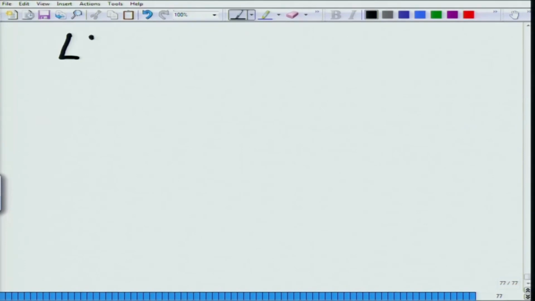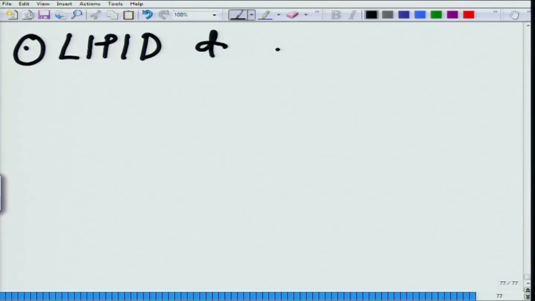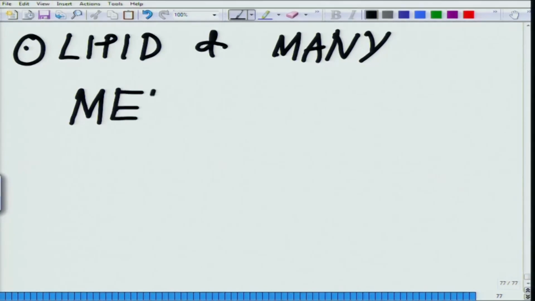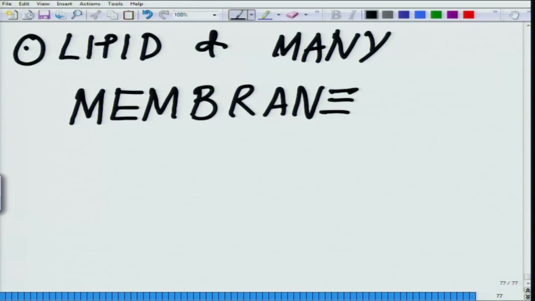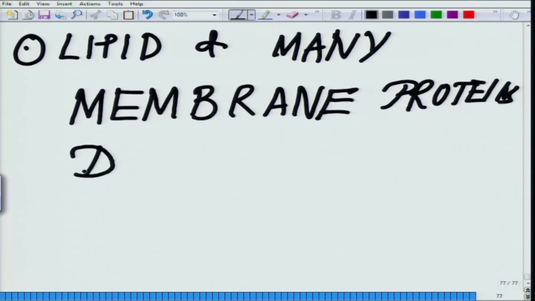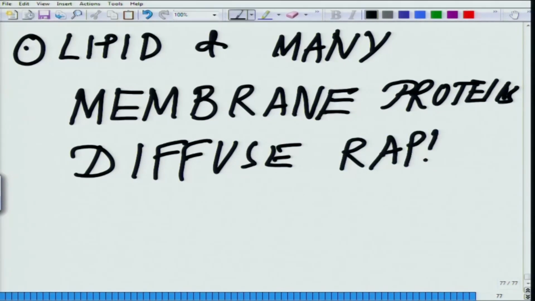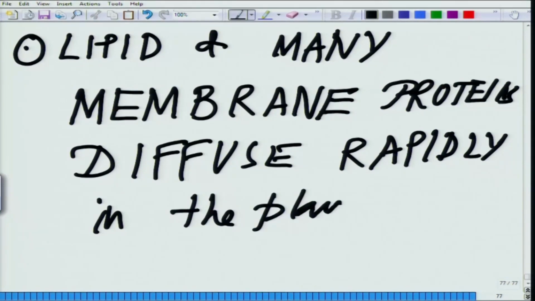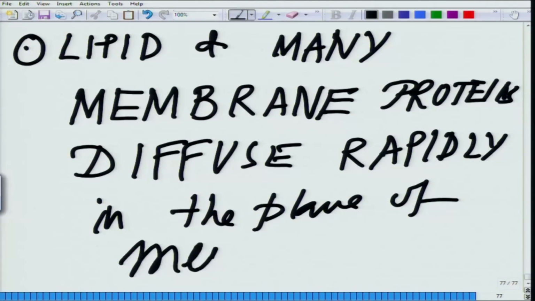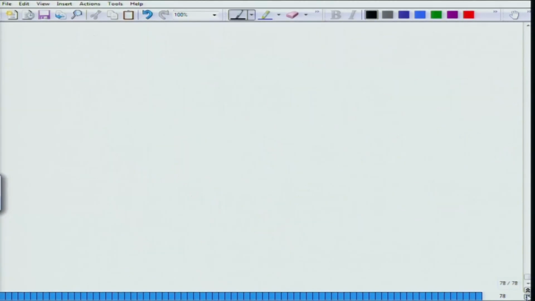In this section we will be talking about lipid and many membrane proteins diffuse rapidly in the plane of membrane. So, how to prove this? We need experimental proof to do so. This is how it is being done.